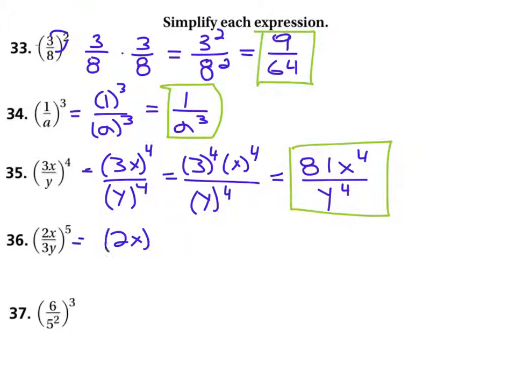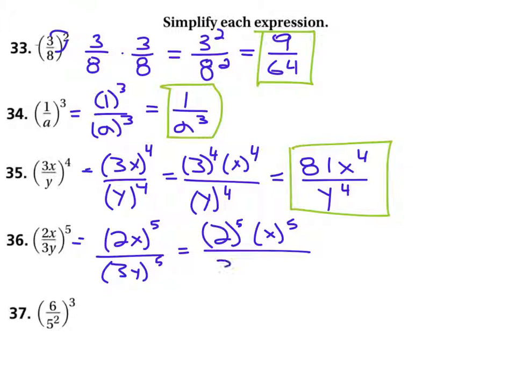Let's keep going. We've got 2x to the fifth over 3y to the fifth, which means you've got 2 to the fifth times x to the fifth over 3 to the fifth times y to the fifth. And 2 to the fifth is 32.